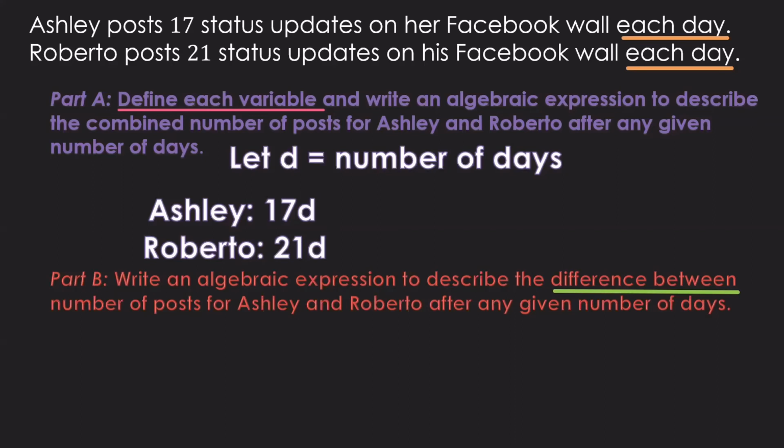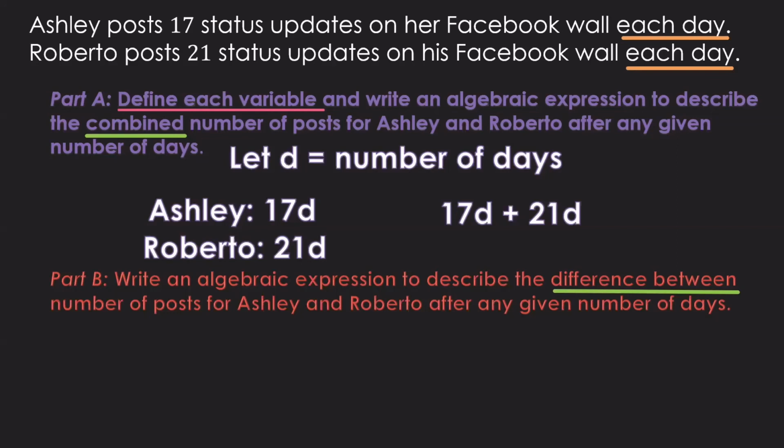Now this problem asked for an expression. What would the expression be to describe the combined number of posts? Well, combine tells me to add. There's another key word. So this would be your expression, right? 17D plus 21D. That is an expression to describe the combined number of posts.